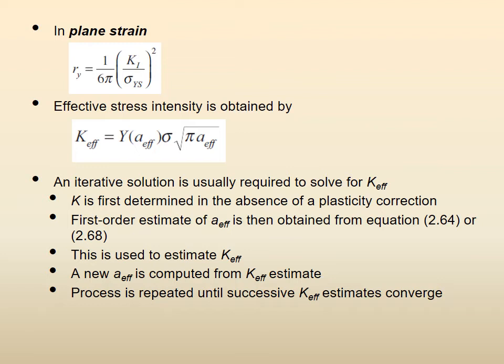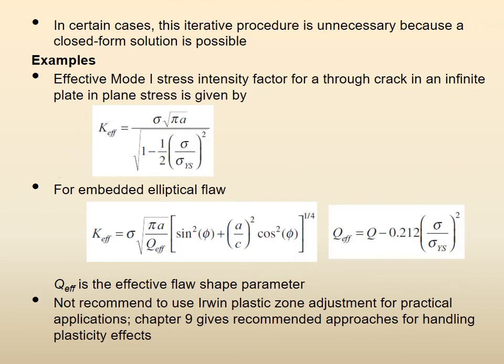So this is now the thing, that because A is becoming A effective, A effective is A plus Ry. Once you do the A effective, the K changes. For this new K effective, we will get another A effective, and so on. In certain cases, this iterative procedure is unnecessary because a closed form solution is possible.